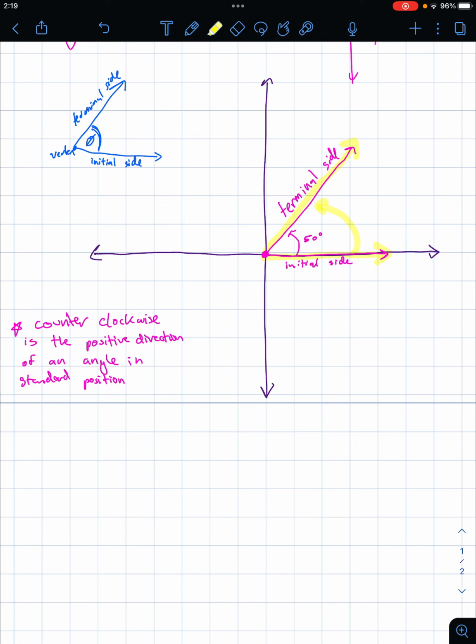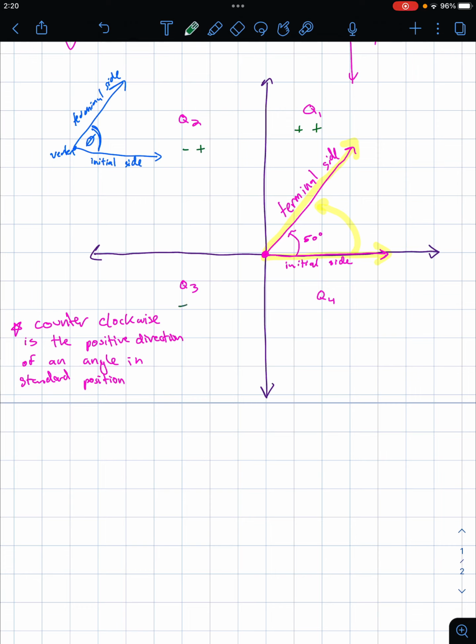And the reason is because that puts us in the first quadrant. Here's quadrant 1, quadrant 2, quadrant 3, quadrant 4. Now in quadrant 1, we have positive x and positive y coordinates. So by rotating counterclockwise with our angles going in the positive direction, our first set of angles end up in the positive quadrant, which is kind of nice. Quadrant 2 is negative x, positive y's.